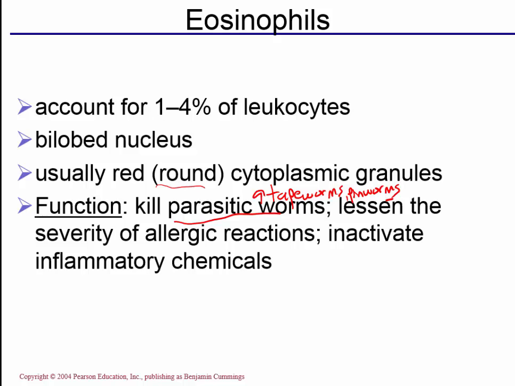Another role of eosinophils is to inactivate inflammatory chemicals. Eosinophils can't really break down bacteria, but they can often inactivate inflammatory chemicals, especially ones that are involved in allergic reactions. And that's how they decrease the severity of allergic reactions.